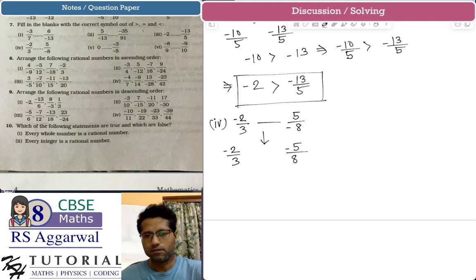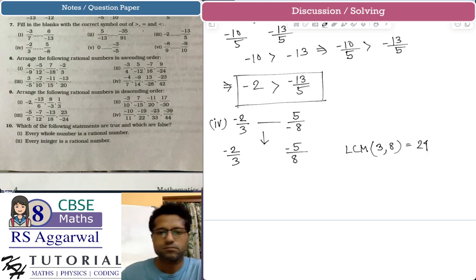So now both the rational numbers are negative and we see the denominators are different. So we have to convert them to equivalent rational numbers so that they both have a common denominator, which will be the LCM of 8 and 3, which is 24.